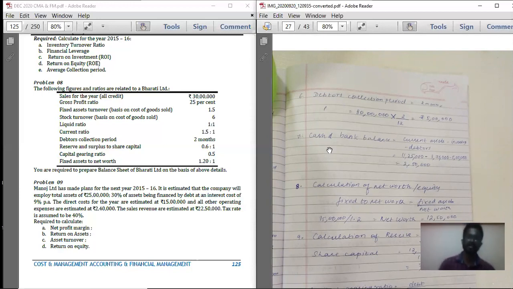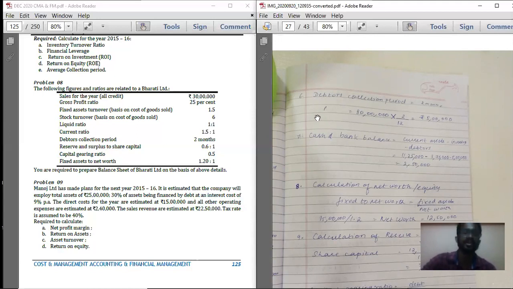Debtors collection period is equal to 2 months, which means debtors is equal to credit sales into average collection period. This is a separate formula which we didn't study in the theory.